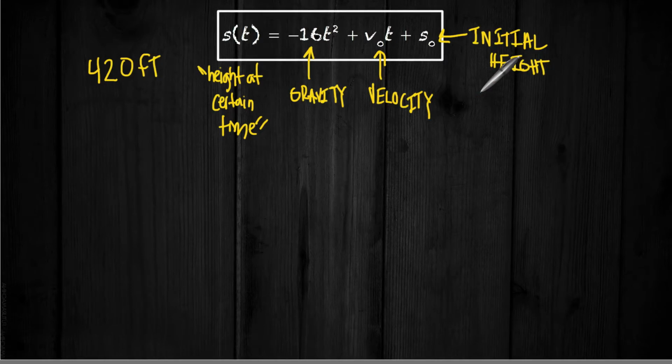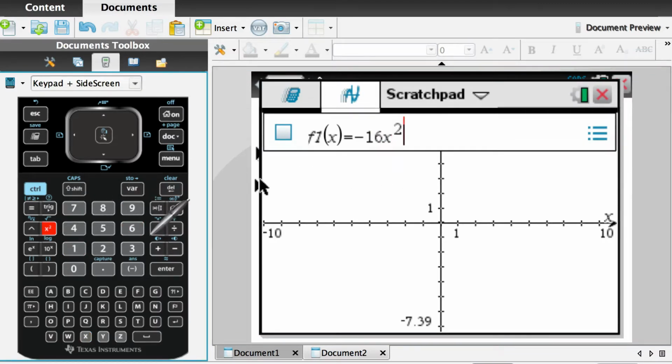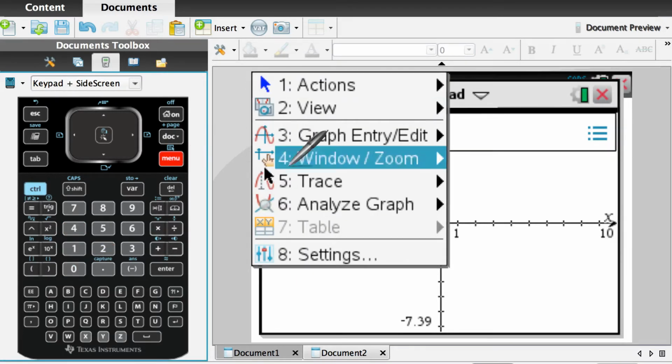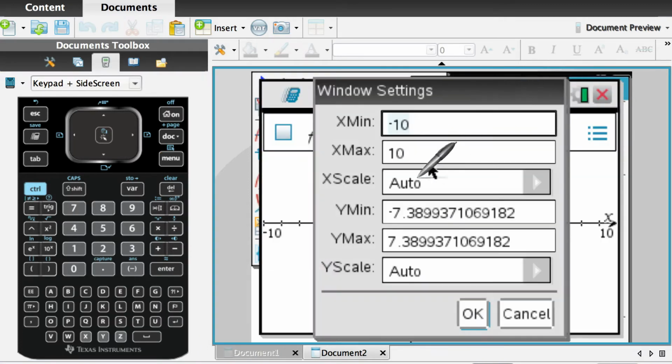So let's just kind of see how this would look on our calculator. So before today, we would probably type into our calculator negative 16x squared plus 420, and we'd have to go to our menu and adjust our window so that our height will be bigger than 7.